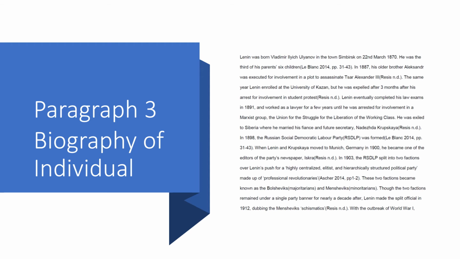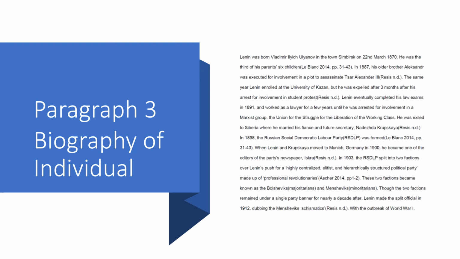In this case, the essay is about Vladimir Lenin, who was the founder of the Russian Revolution and the communist state of the USSR. So this is the paragraph that comes after the historical context paragraph.